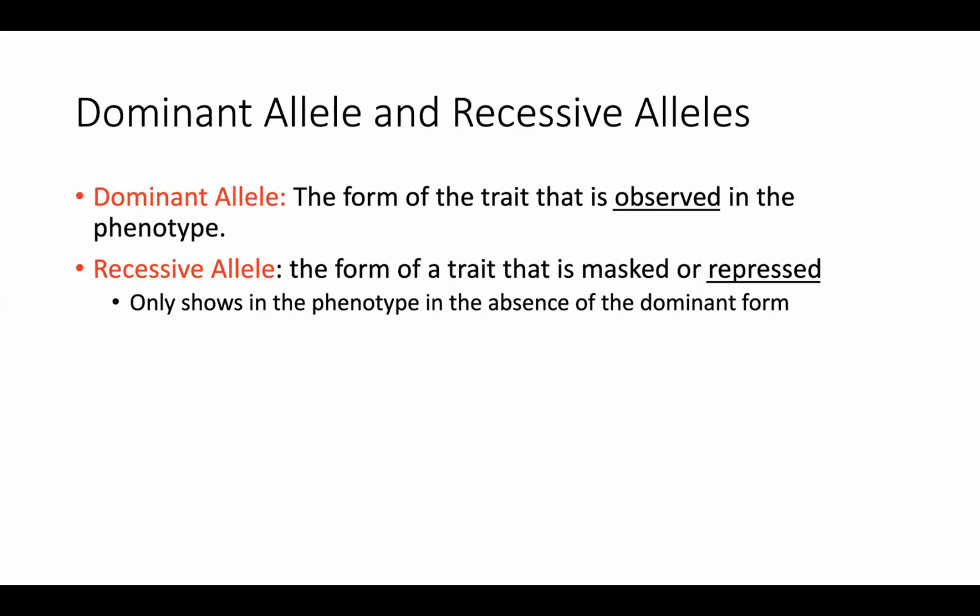Okay, and so the concept that we're understanding here when we're talking about dominant and recessive is that the only time that you see a recessive allele in an individual is in the absence of the dominant form. Okay, and so what that really means is that the individual is going to have two recessive copies of that allele for that trait.